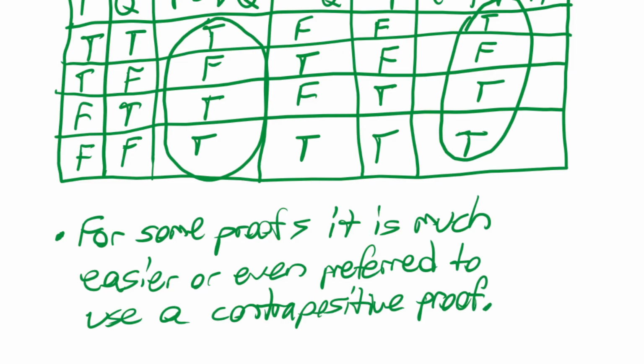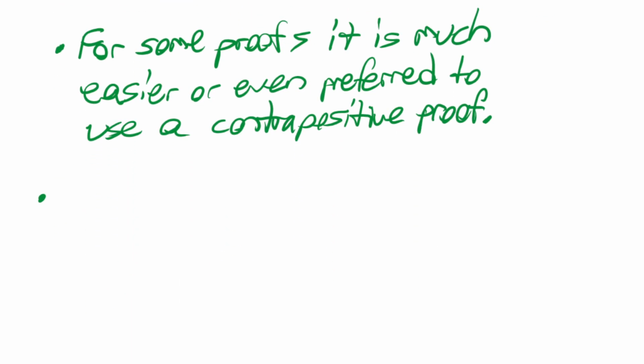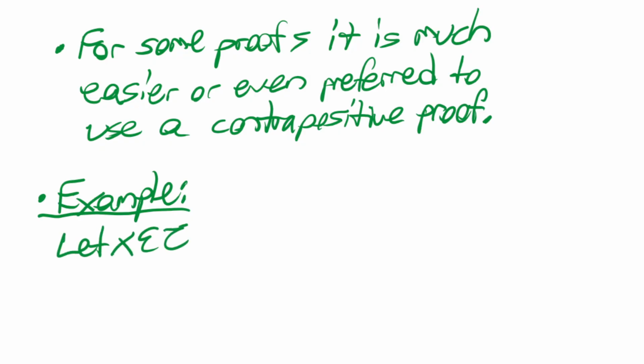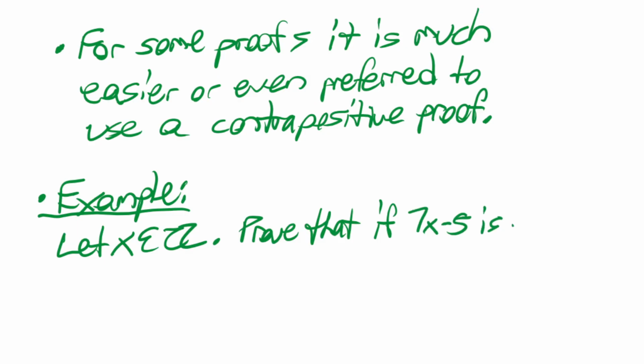So let's take a look at an example. Let x be an integer. So we need to prove that if 7x minus 5 is positive, then x is greater than or equal to 1.